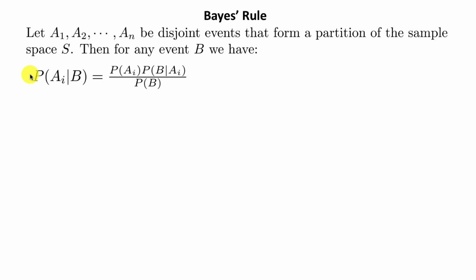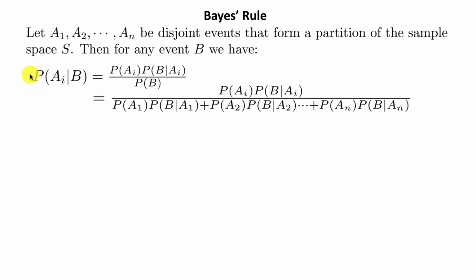We've seen this before. Anyway, that's not the main part of Bayes' rule. The next part is, so the numerator is of course exactly the same as over here, but the total probability, P of B, is the sum of these probabilities in the denominator.